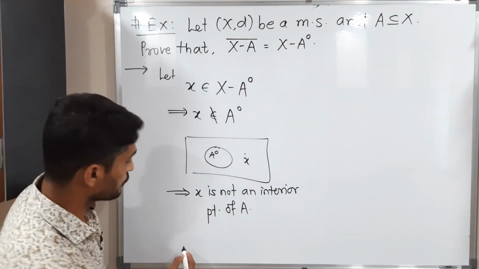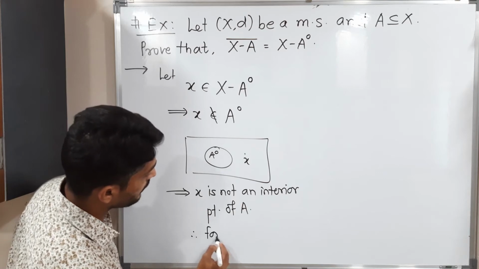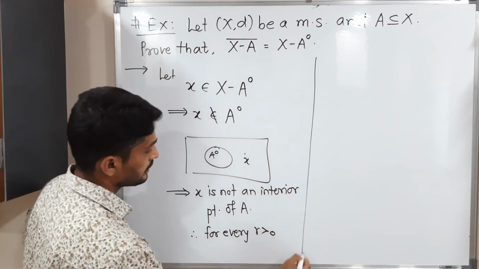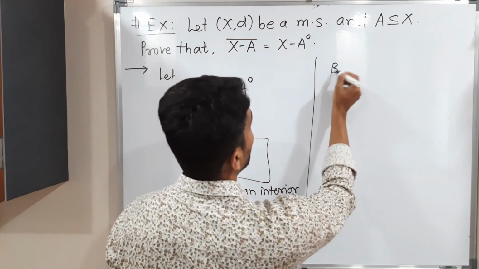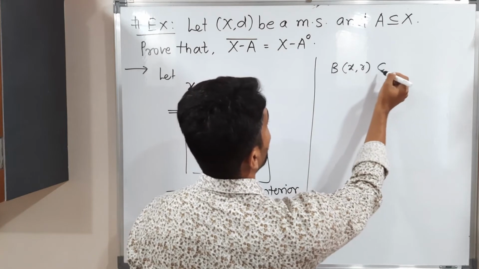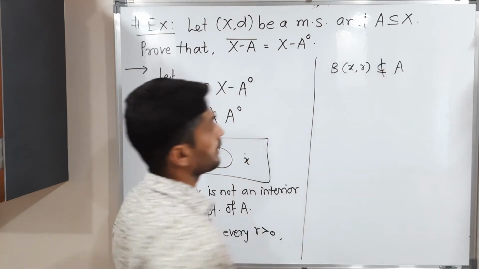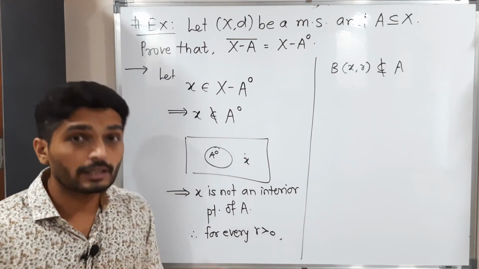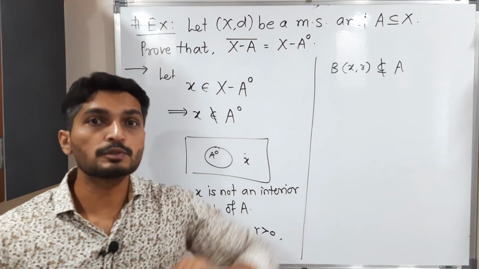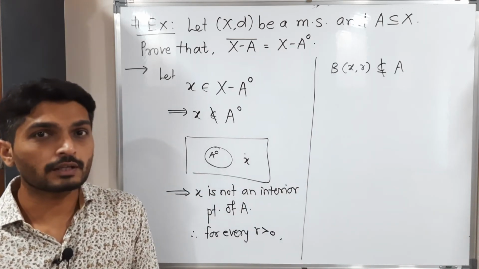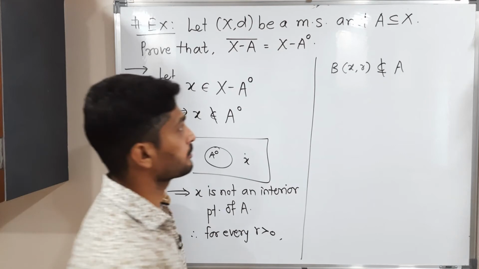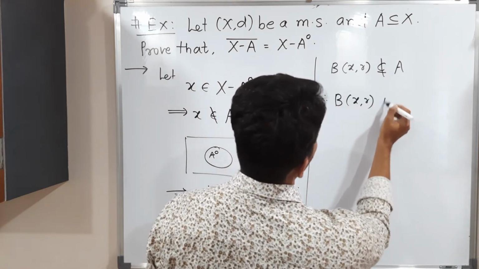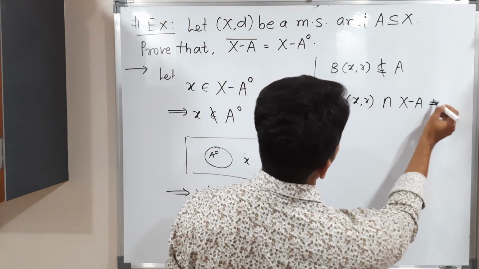So therefore I should write: for every r greater than 0, B(x, r) is not a subset of A. In the definition of interior point, we write it is a subset of A, but here it is not an interior point, so it is not a subset of A. That means it intersects its complement. Therefore, B(x, r) intersects the complement, that is X minus A, is not equal to phi.